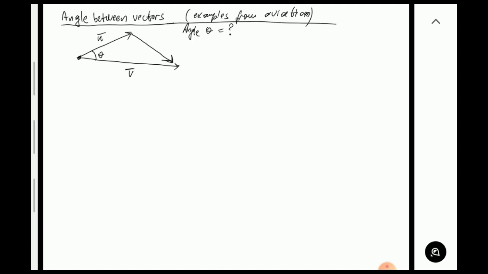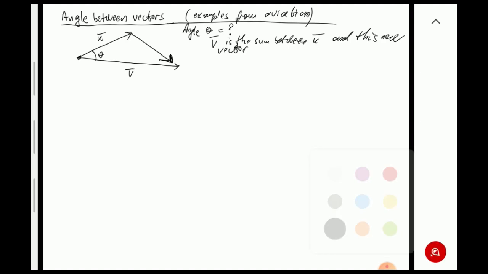So if you look carefully, V is the sum between U and this new vector that I just came up with. Okay, so remember the vector addition, how it's defined.